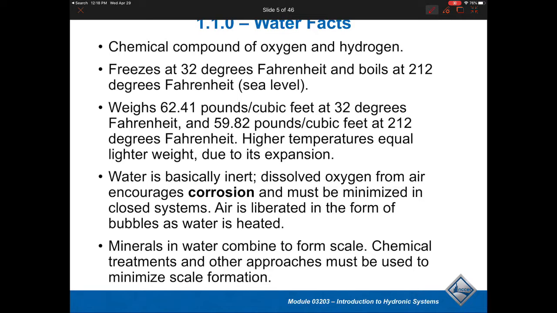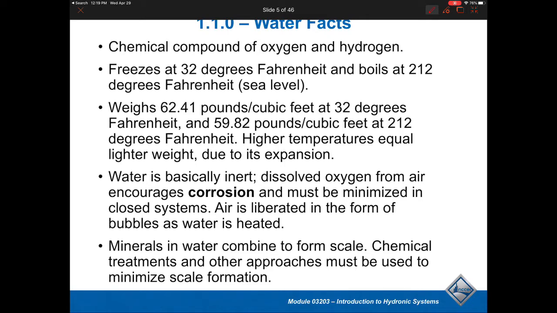One of the facts that we'll hit on initially is that water is comprised of hydrogen and oxygen, and that gives it certain specific characteristics within that compound that are kind of good and also kind of bad.